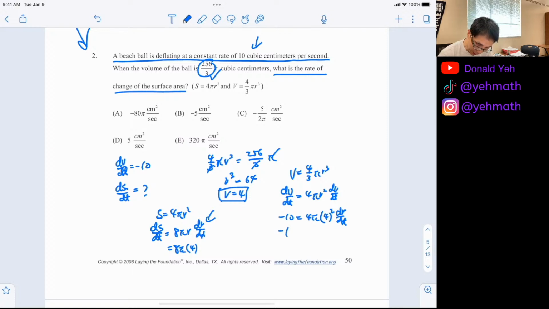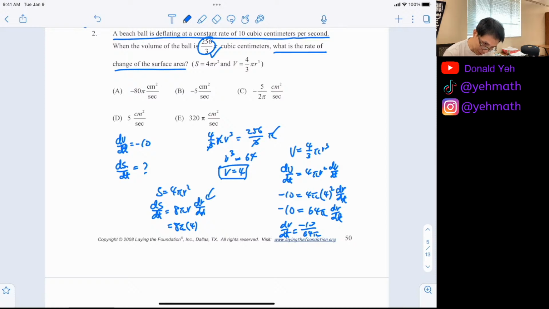So it'd be -10 equal to 64 pi dr/dt. And dr/dt is -10 over 64 pi, I think. Yeah.